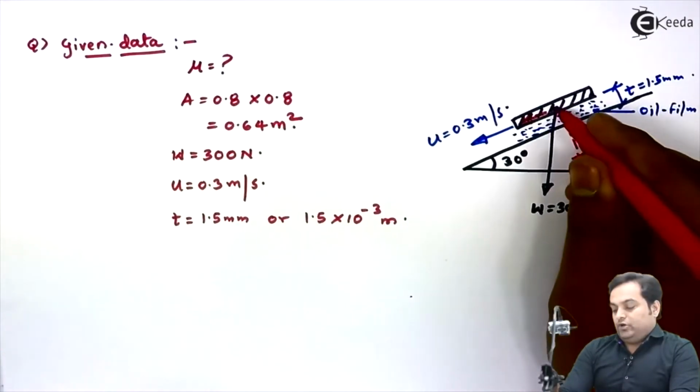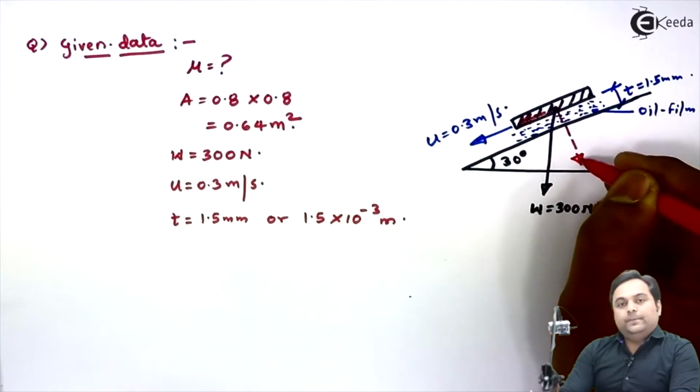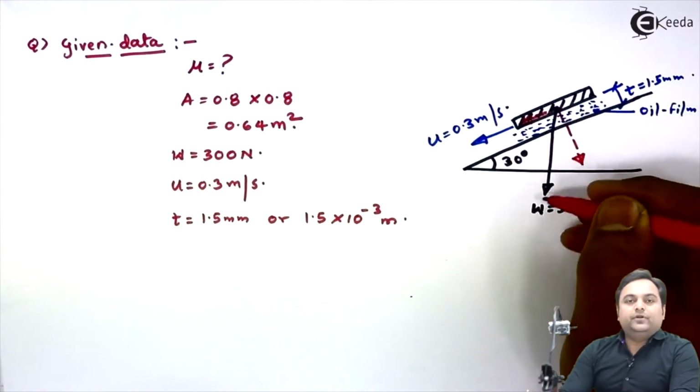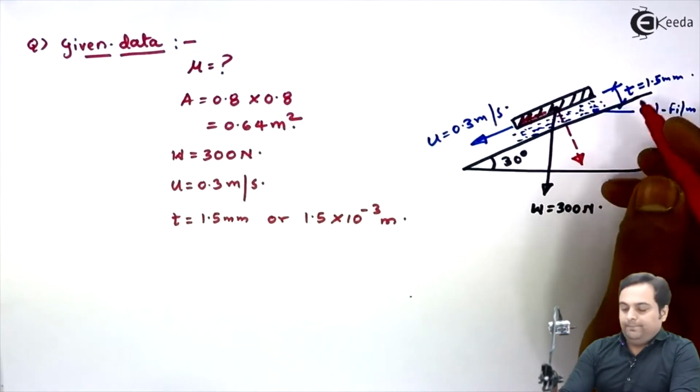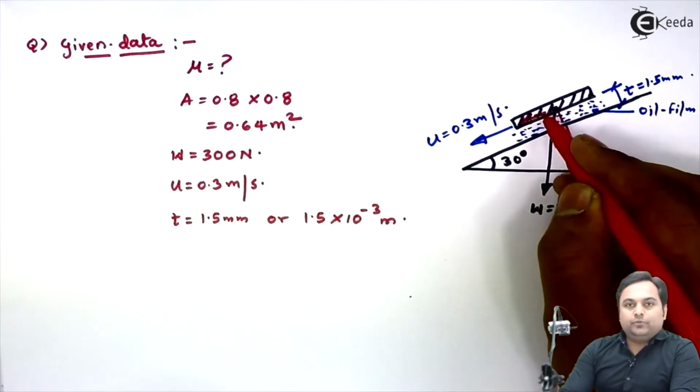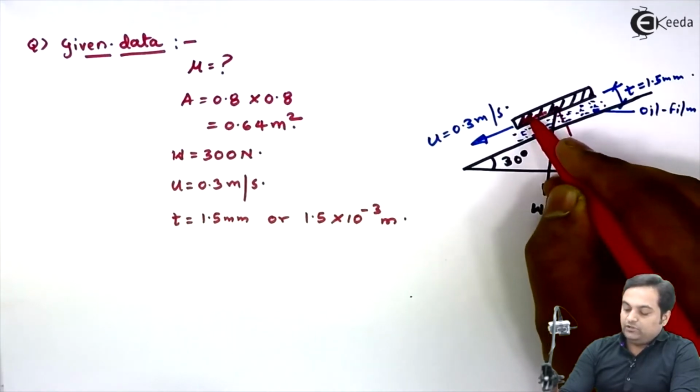Now the component which is perpendicular to the plane, we can neglect, because it would not be used in the problem, but we are only interested in the component of weight which is sliding along the plane.